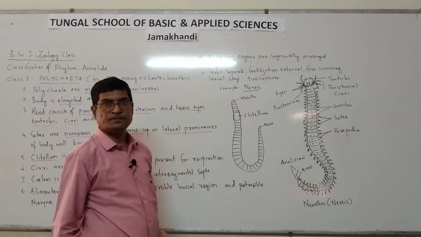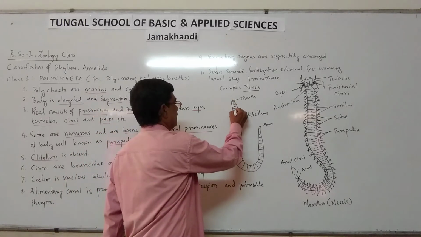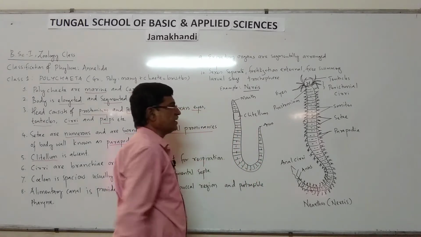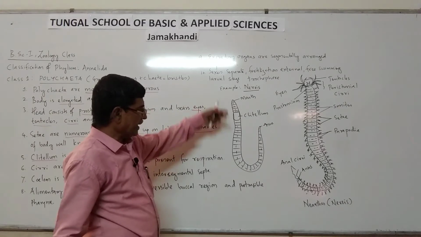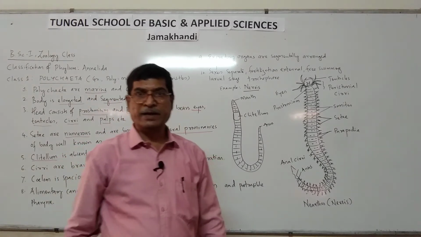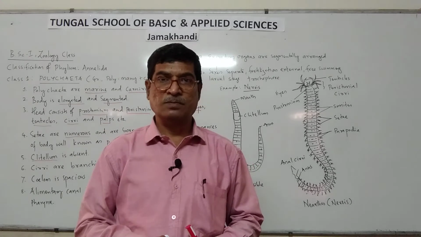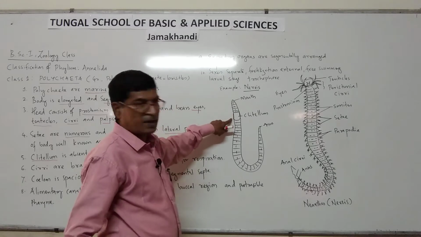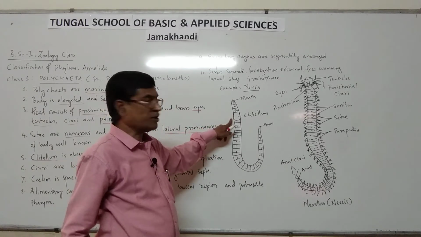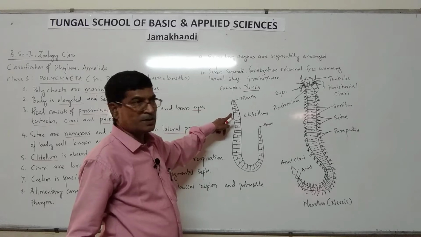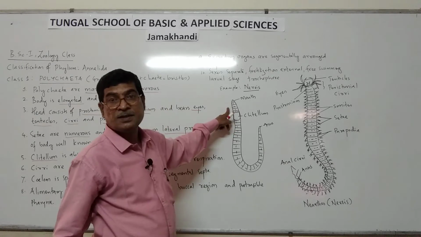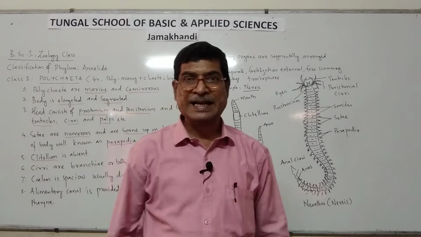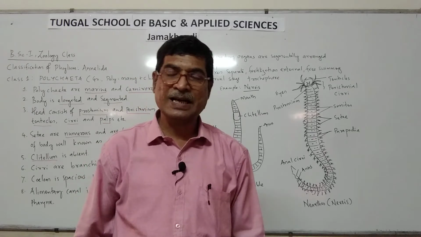This earthworm has clitellum. The entire elongated body can be divided into three parts in earthworm. This part is called clitellum, where the clitellum is present, the clitellar region. The part of the earthworm which comes earlier to the clitellum is known as pre-clitellar region, and the part of the body that comes after the clitellar region is called post-clitellar region.